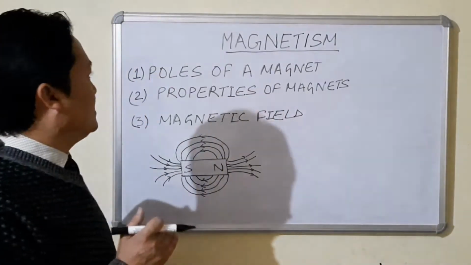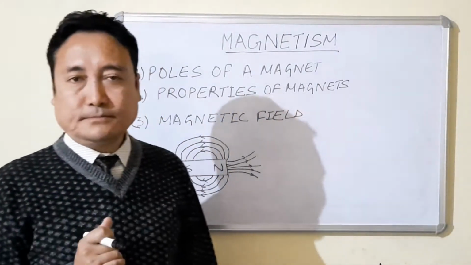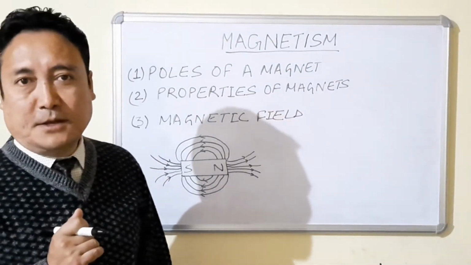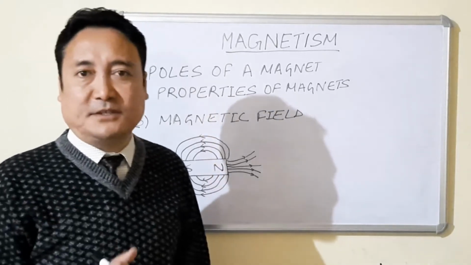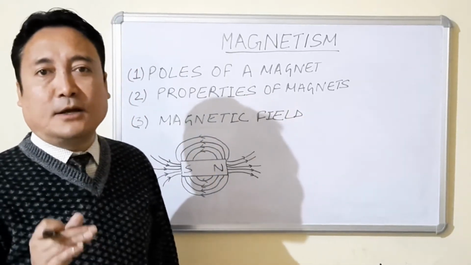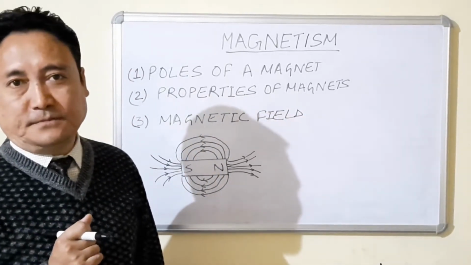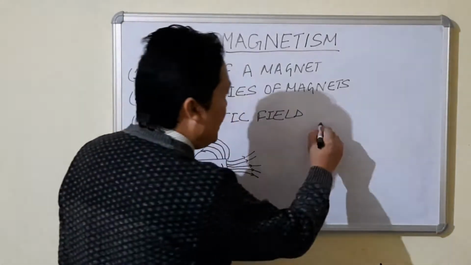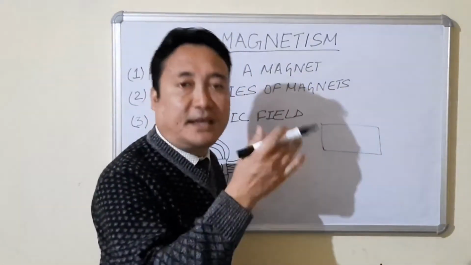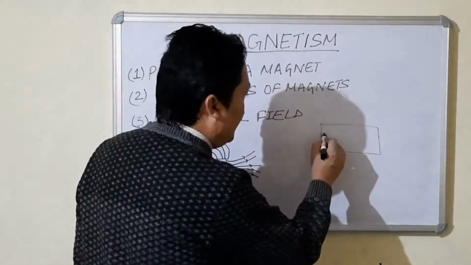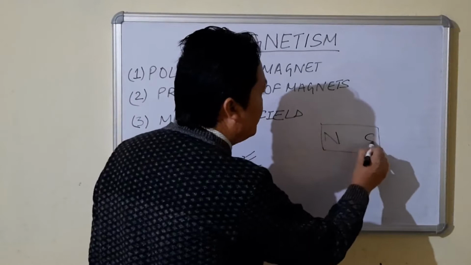Number one is the poles of a magnet. A magnet, either a natural magnet or an artificial magnet, always has poles, and these poles are present near the edge, near the end of the magnet. There are two poles, north pole and south pole.